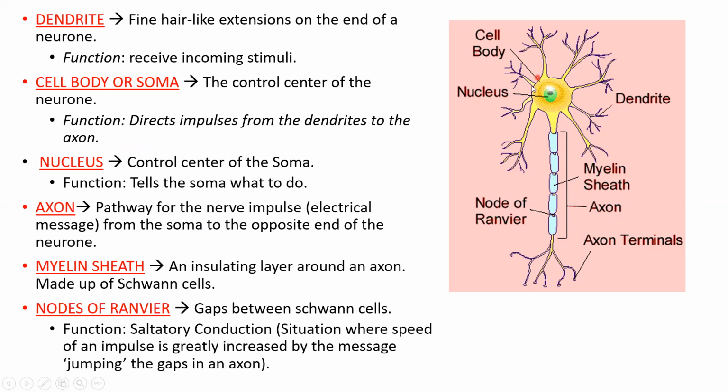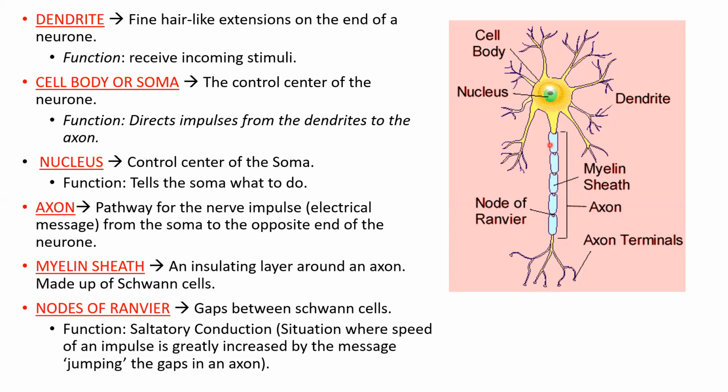A neuron comprises a cell body. It is just like a simple animal cell, having a nucleus, mitochondria, ribosomes, and cytoplasm, everything inside it. And these branches are known as the dendrites. These are basically the receiving part, which receive the signals from the receptors. That is the axon part.